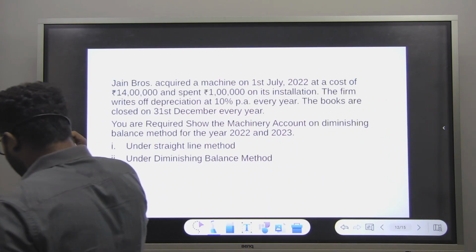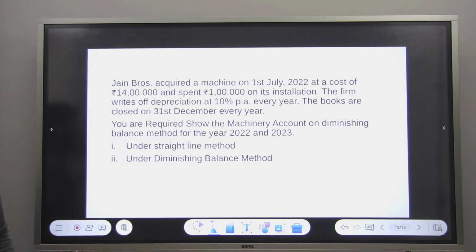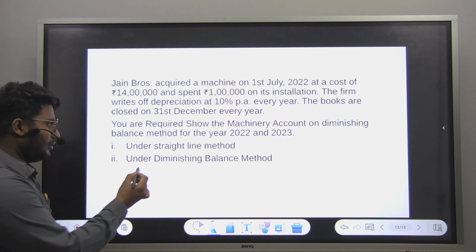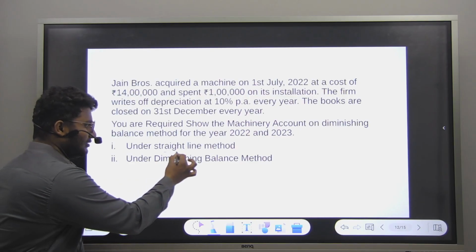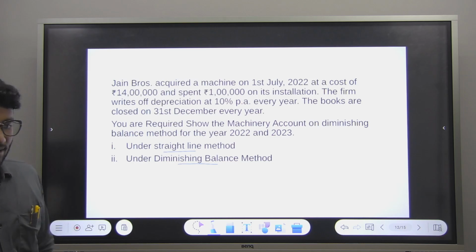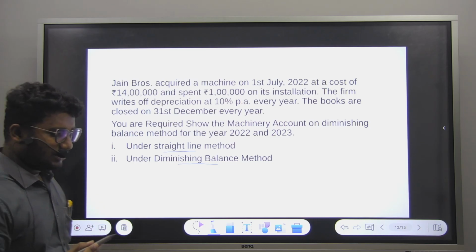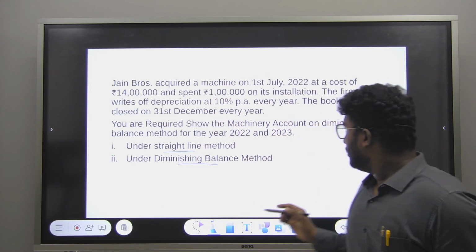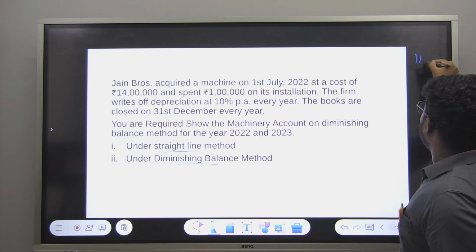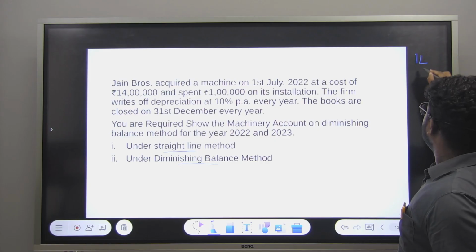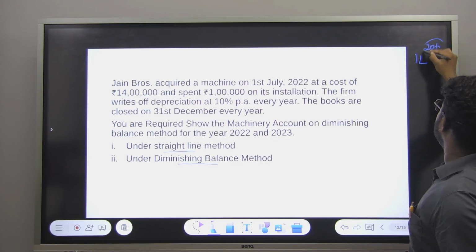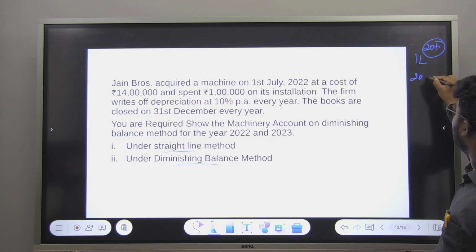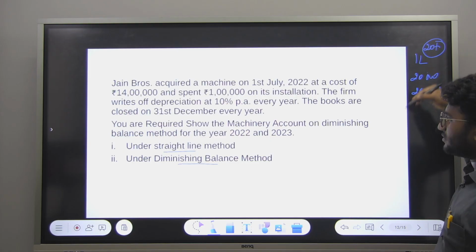Okay, we'll solve some questions under straight line method and diminishing balance method. I hope everyone knows the basic idea how the depreciation will be charged under straight line method and diminishing balance method, right? Yes, sir. So under straight line method, every year we charge the equal amount of depreciation. Suppose the asset cost is 1 lakh, 20 percentage is the depreciation rate. So every year we will charge 20,000, 20,000, 20,000 like that.